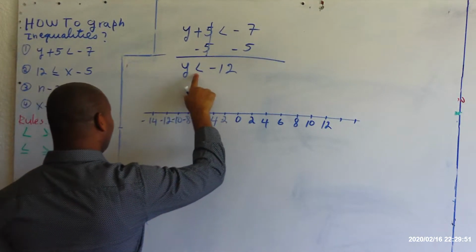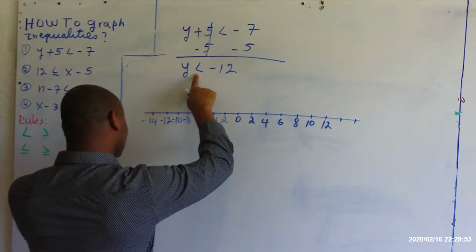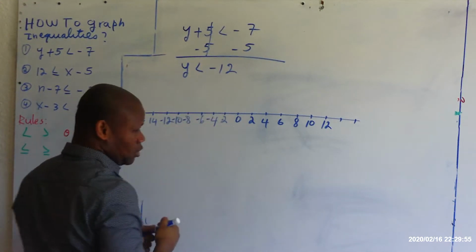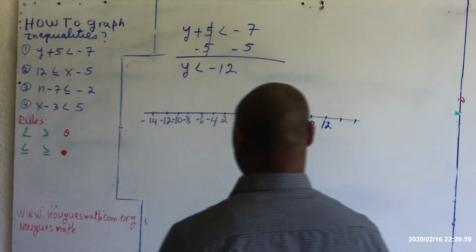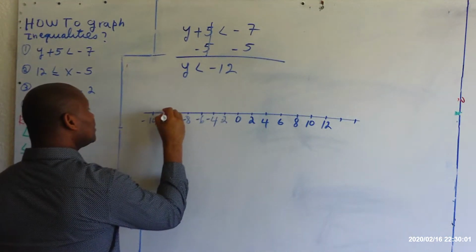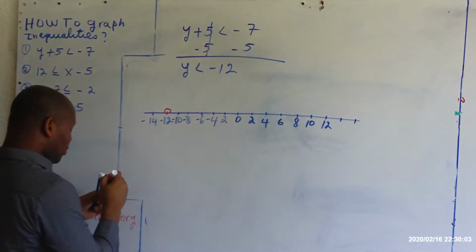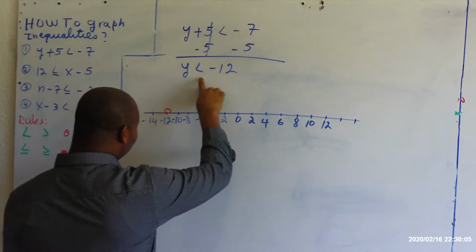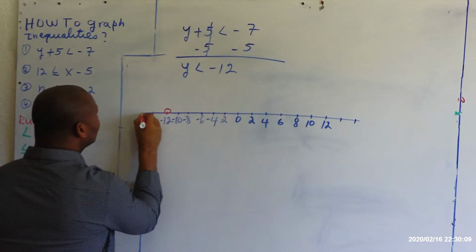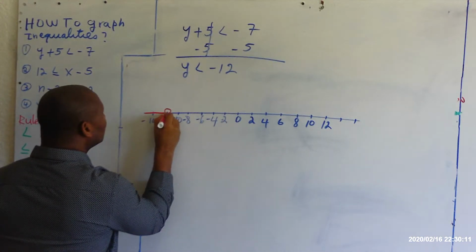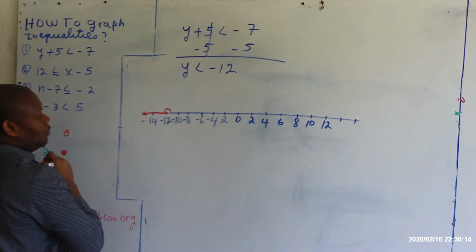Remember, this is less than. That's going to be an open circle. Open circle. Because it's a less than, my graph is going to be to the left. Perfect.